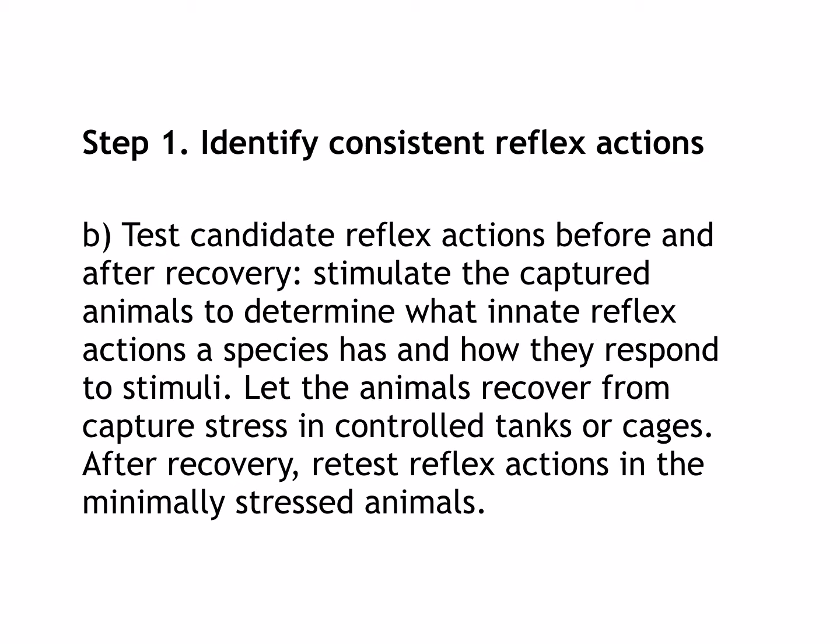Step 1, B. Test candidate reflex actions before and after recovery. Stimulate the captured animals to determine what innate reflex actions a species has and how they respond to stimuli. Let the animals recover from capture stress in controlled tanks or cages. After recovery, retest reflex actions in the minimally stressed animals.